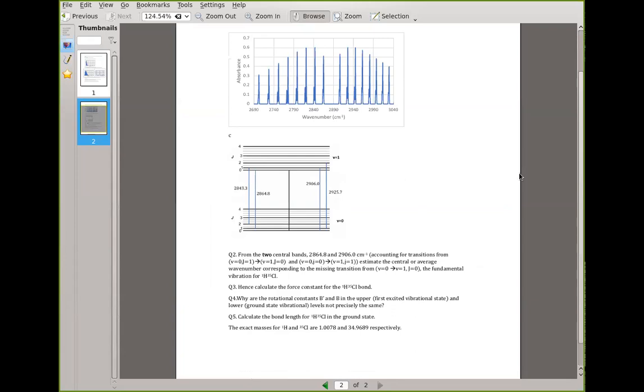So this is HCl, and this here is what your rotational vibrational spectrum of HCl looks like.